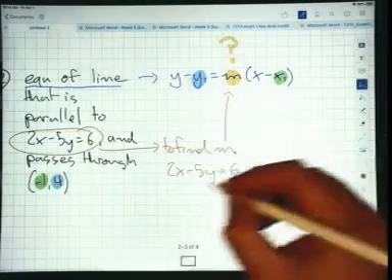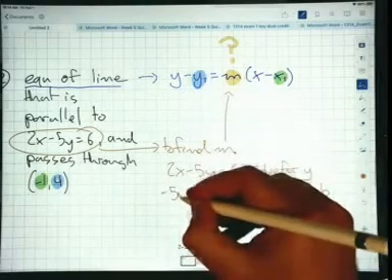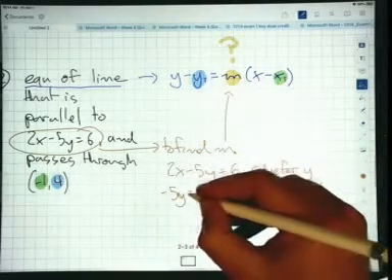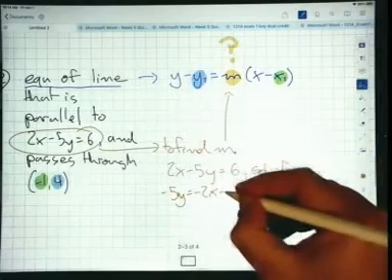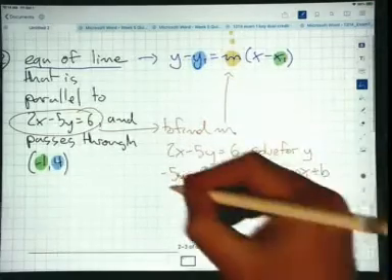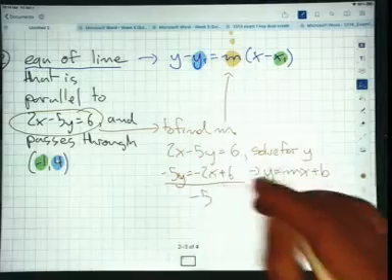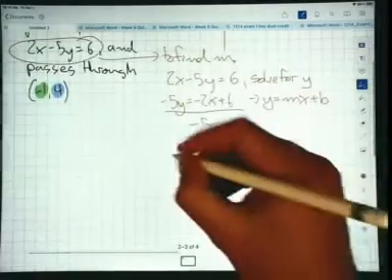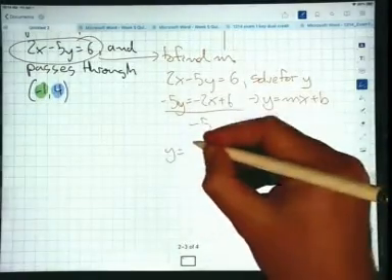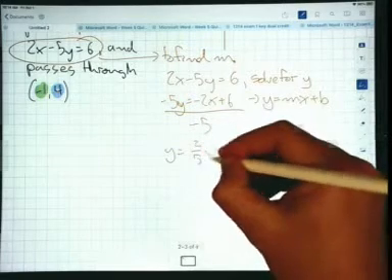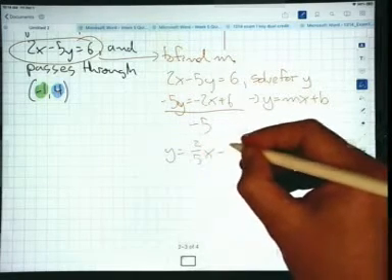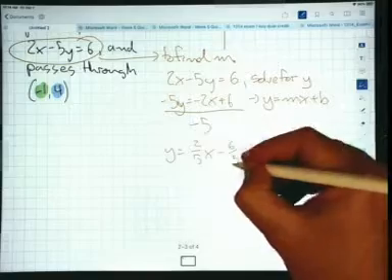So how do we solve for y? Well, I'll start off by subtracting 2x on both sides. And then we'll divide everything by -5. That gives me y is equal to a positive 2/5 x minus 6/5.